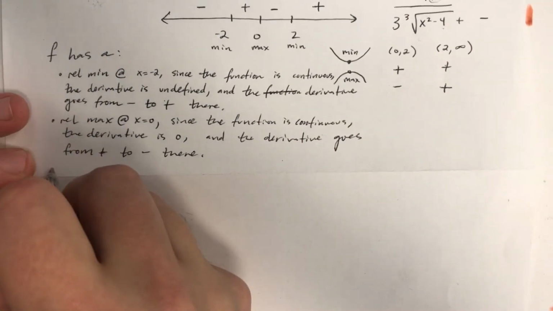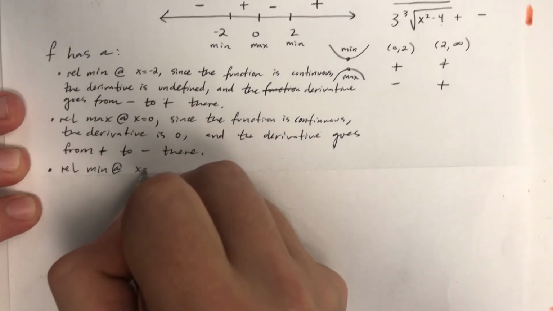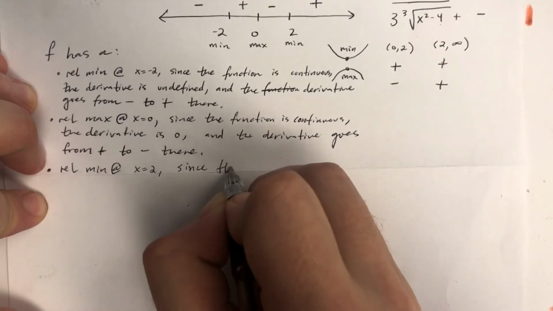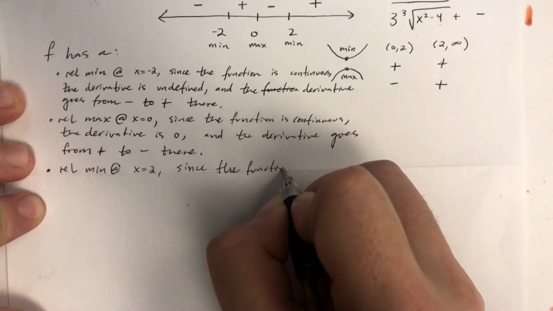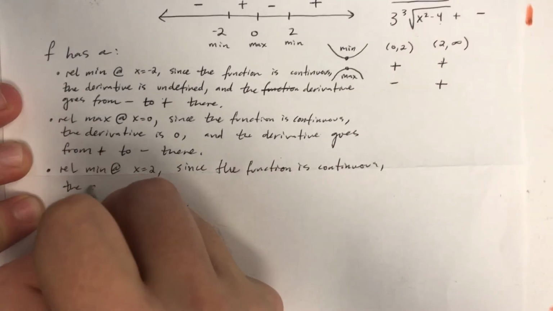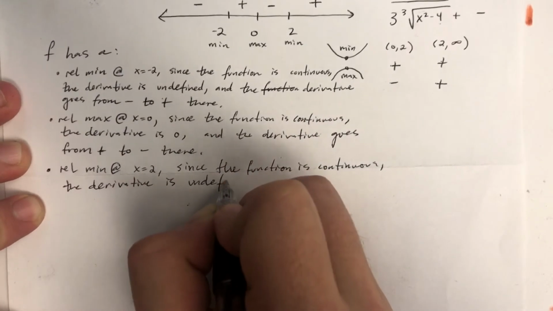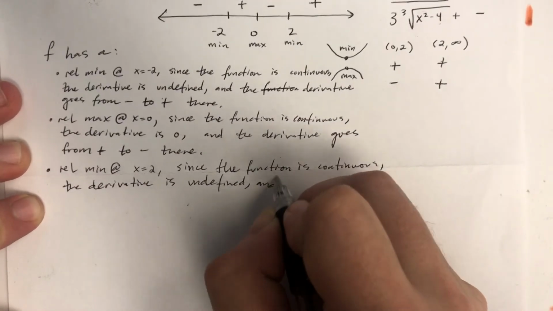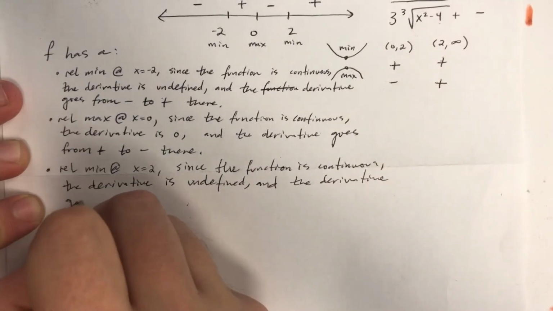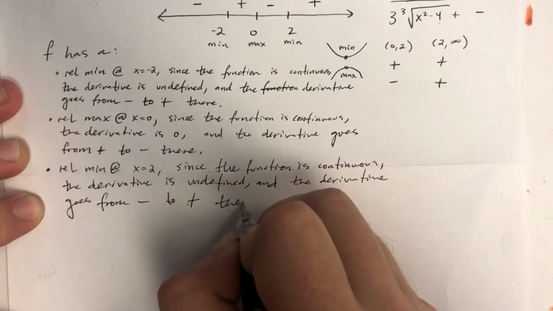And then lastly, I want to say that f has a relative min at x equals 2, since the function is continuous, the derivative is undefined, and the derivative goes from negative to positive there.